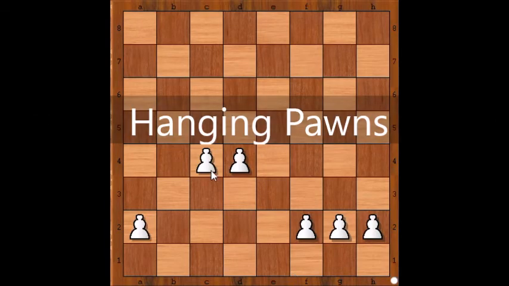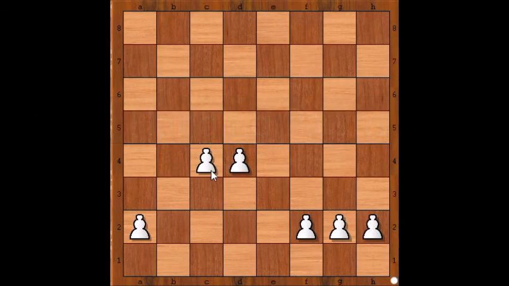Let's have a look at another weakness in the pawn structure. This is called the hanging pawns. What are hanging pawns? Hanging pawns is a duo or a pair of pawns, usually on the C and D files.